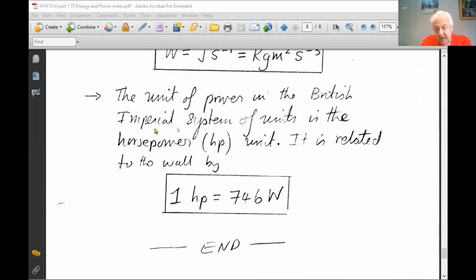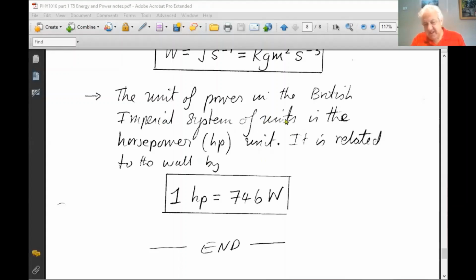Now another unit of power that you may come across, this comes from the British imperial system of units, and it's called the horsepower. Frankly, British imperial units, which are also used in the UK and America, perhaps more in America now, it's not really a very convenient way.